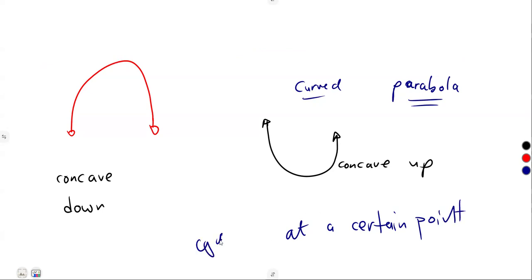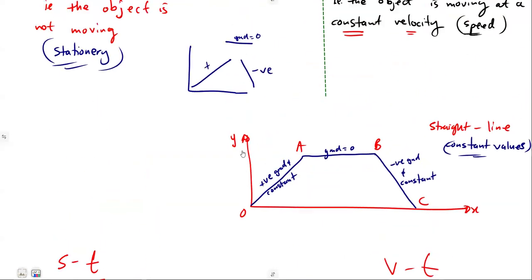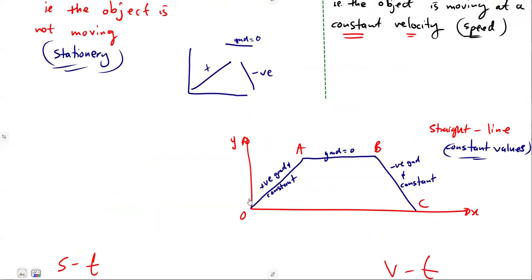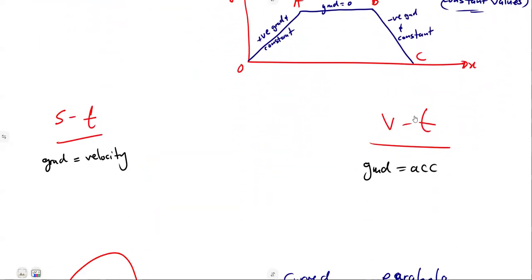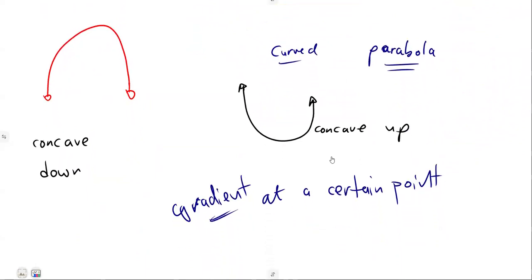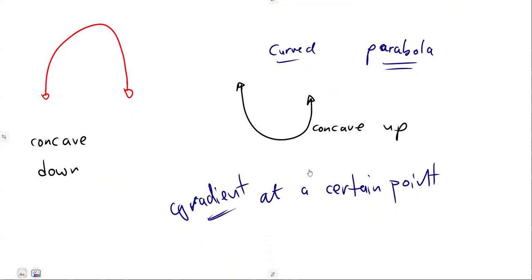Whenever you have to consider the gradient, it is no longer that idea that we had before where it was constant. For a straight line, this is constant from A to B, from O to A, from B to C, because of a straight line. But for any curve, it is no longer constant.